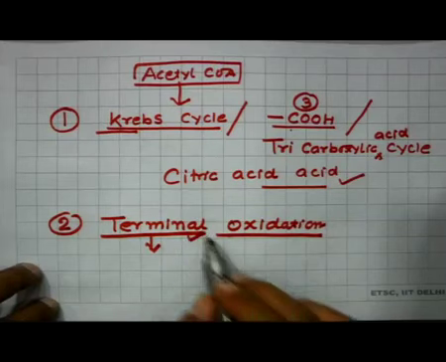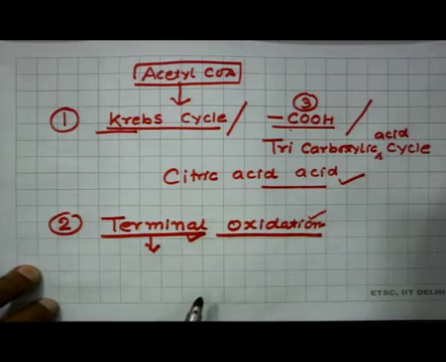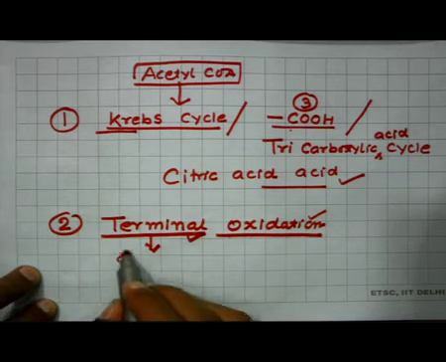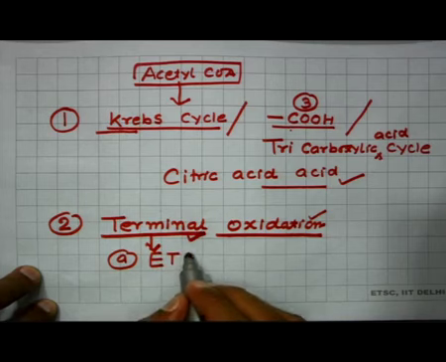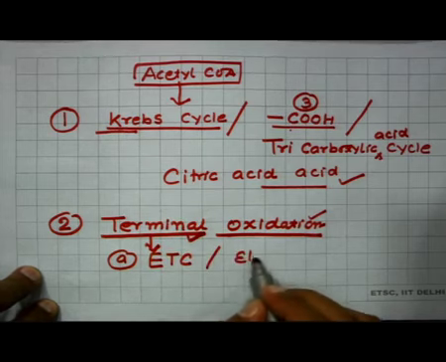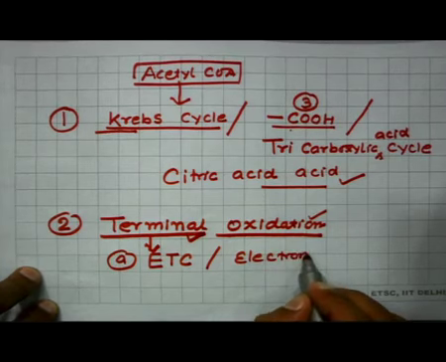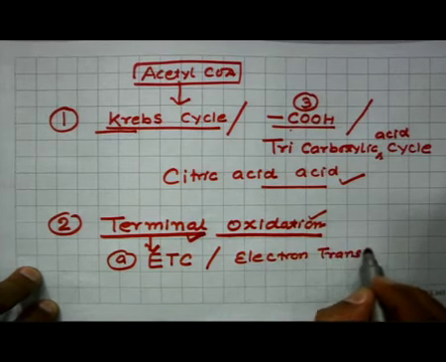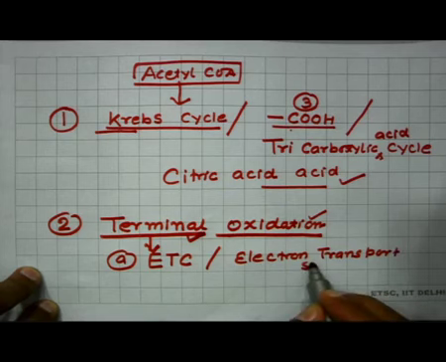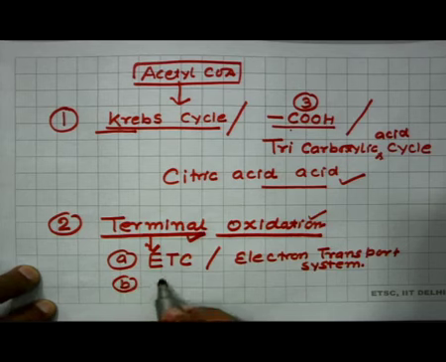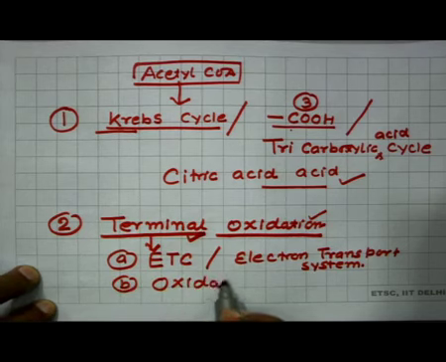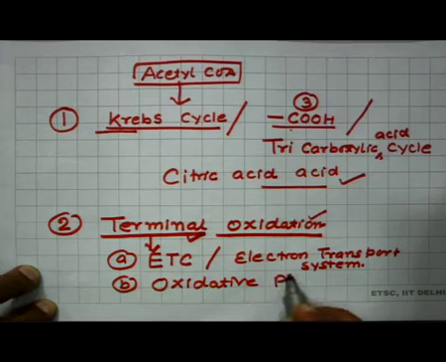This terminal oxidation is also divided into 2 parts. The one part is called electron transport chain or electron transport system, and the other process which is sequentially attached with the electron transport chain is called oxidative phosphorylation.